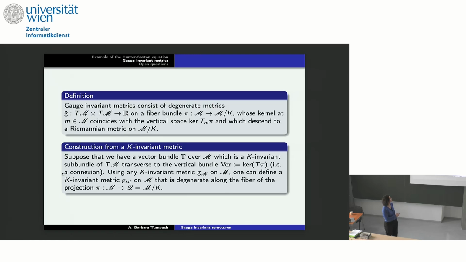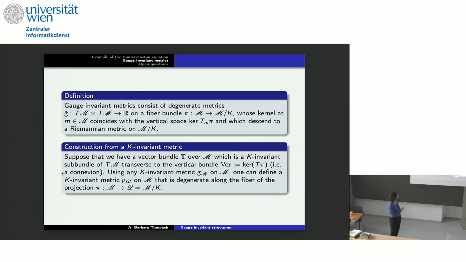K is a group acting on M in such a way that we have this fiber bundle structure, which is perhaps not completely trivial in infinite dimension, but I suppose we have this fiber bundle structure, and the tangent space to the orbit, which is exactly the kernel of this projection, is exactly the kernel of the metric.